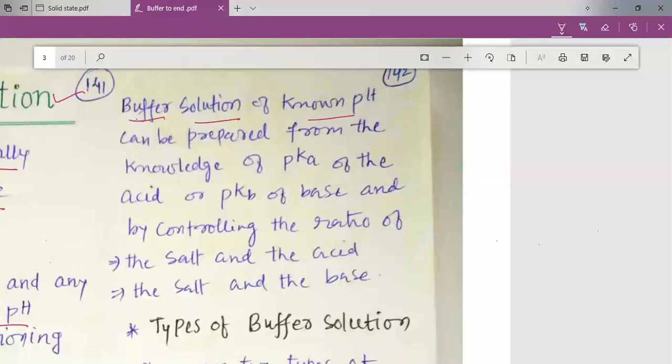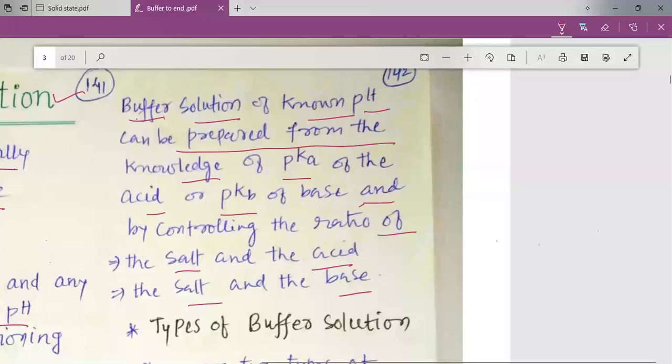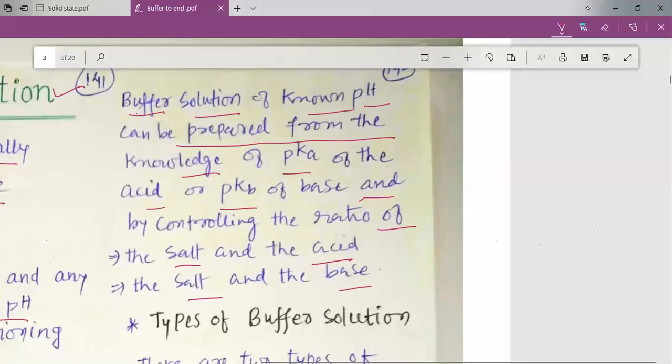A buffer solution of known pH can be prepared from the knowledge of the pKa of the acid or pKb of the base, and by controlling the ratio of the salt and the acid, or the salt and the base. So from this, my dear students, we come to know that a buffer is prepared from salt and acid or salt and base.